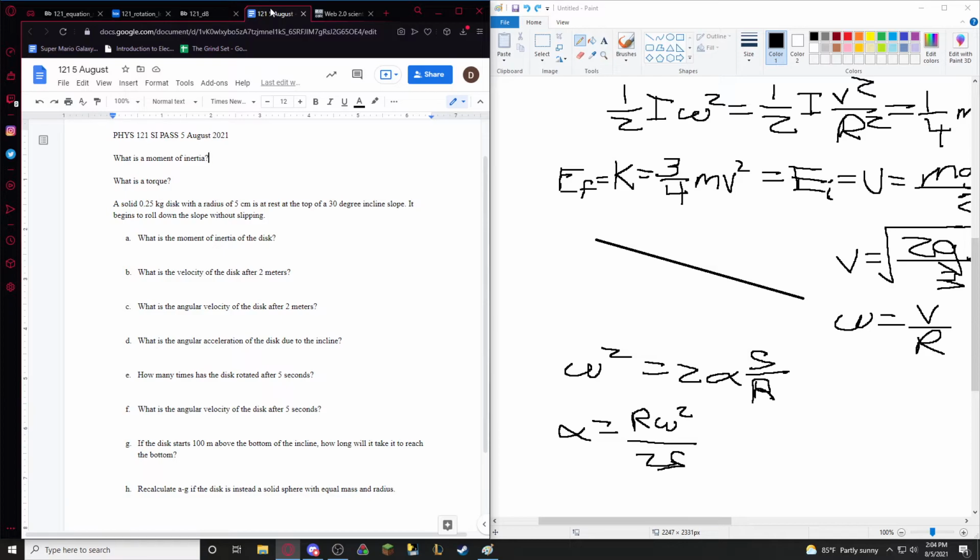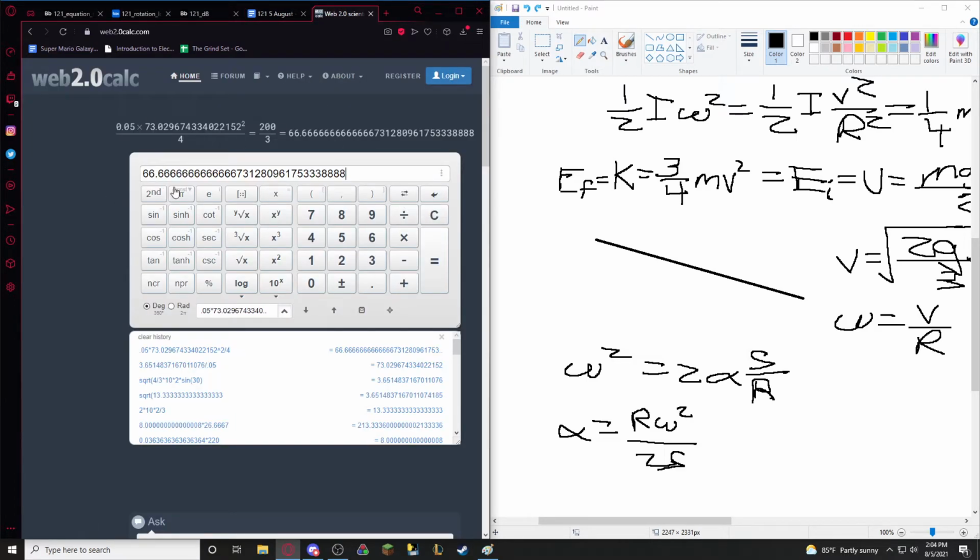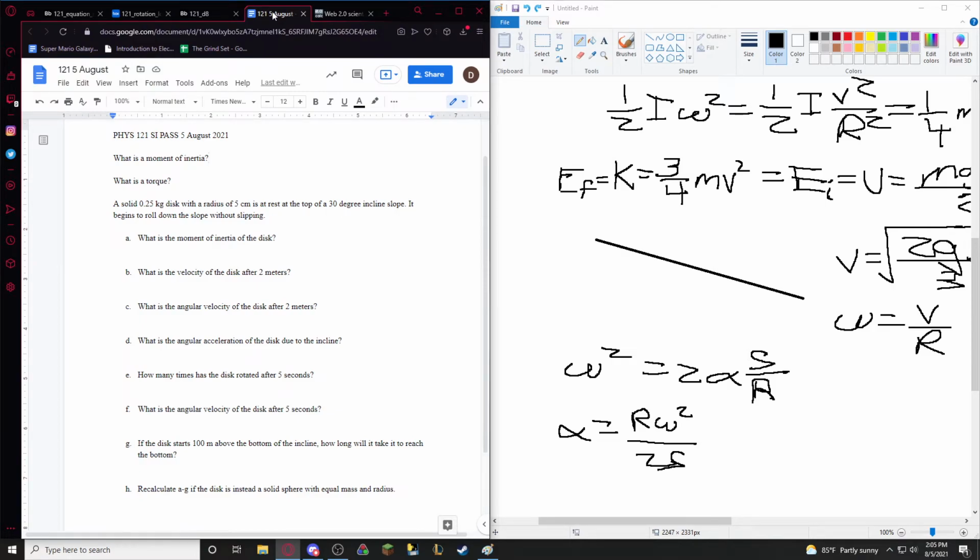Divided by 2 times 2 meters, so divided by 4. I got about 200 over 3, or about 66.67 radians per second squared. Which should make sense, right? Yes, makes sense.